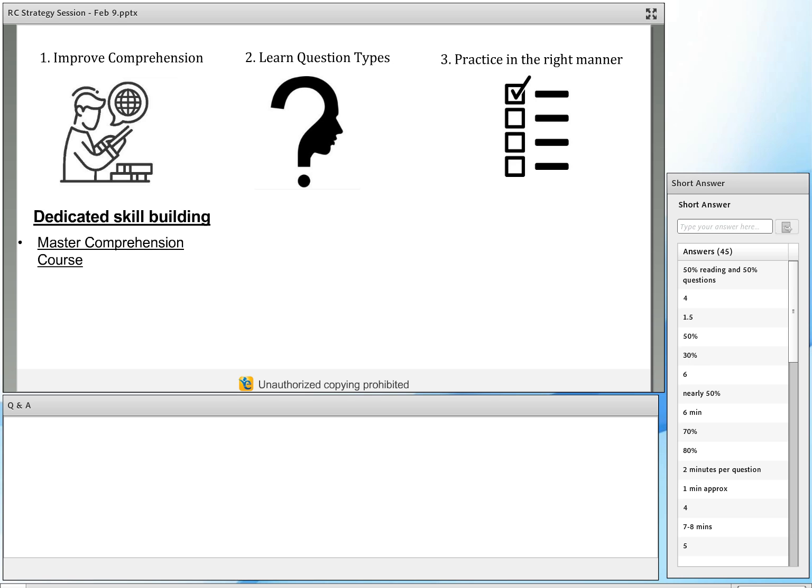Once you build this foundation skill, you then go through 3 reading strategies concept files in the reading comprehension course. In these concept files, we go through passages in the manner that you would be going through them, and we ask you questions as you are reading the passage so that we build that skill set for you.